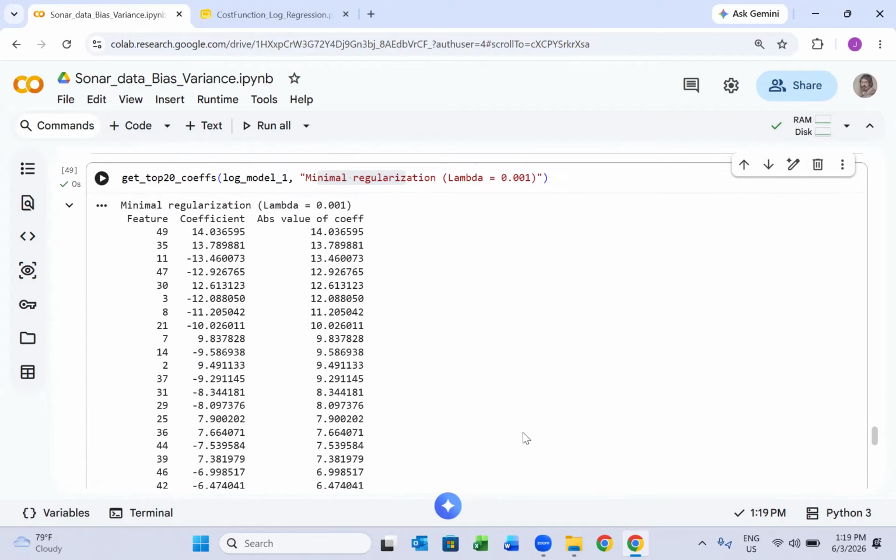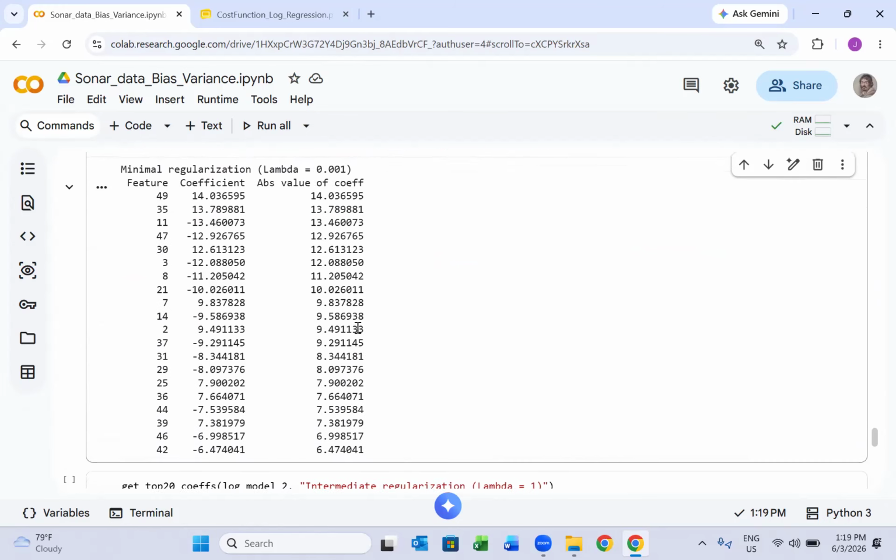There you have it. And let's notice a few things. So these are the top features, right? Let's focus on the absolute value column. The first most important features all have absolute values above 10, right? Like when you look at the first most important features, their absolute values are above 10 for all of them, okay?